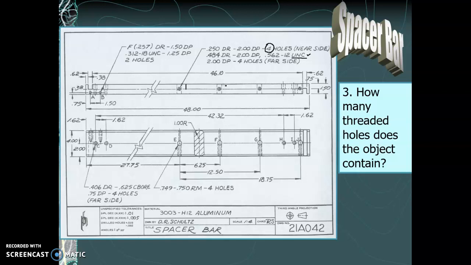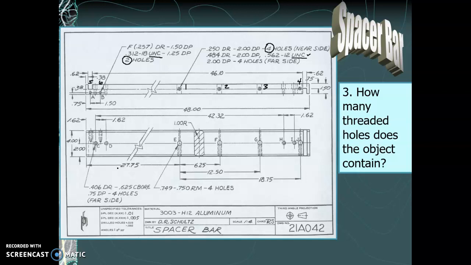So we've got 1, 2, 3, and 4. Now, it looks like there are a couple little holes here that also have dashed lines surrounding them. If I look at their hole note, we can see, yes, again, we've got UNC holes, and that's true for these 2 holes. So that brings us up to 5 and 6.